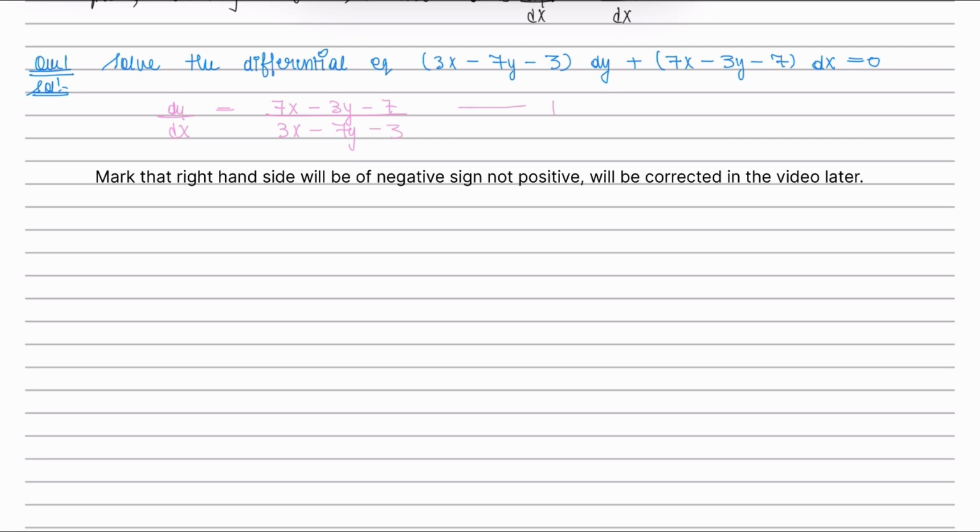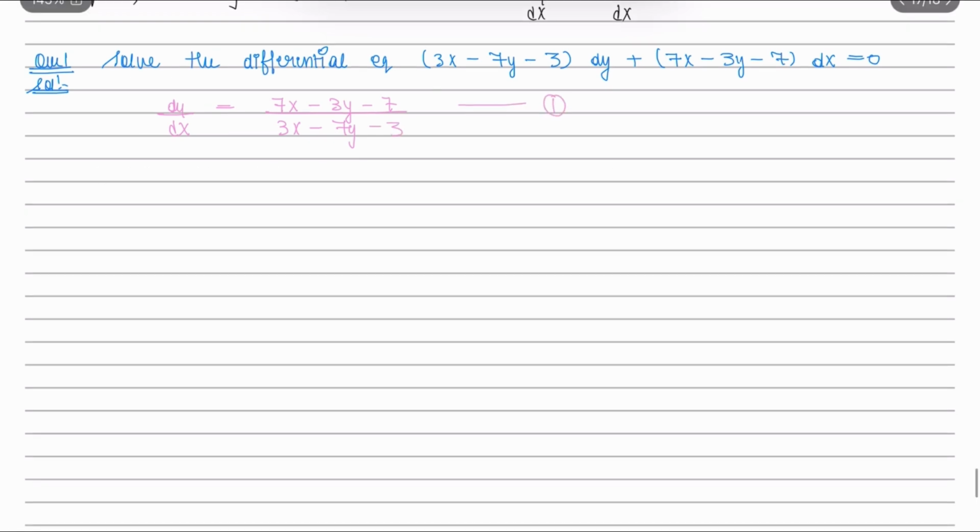Let us mark this as equation number 1, and comparing this equation number 1 with dy by dx is equals to (ax + by + c) divided by (a'x + b'y + c').